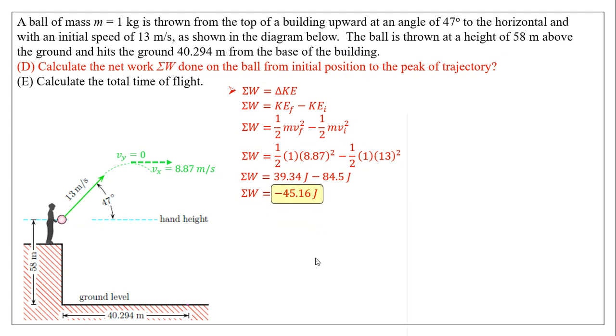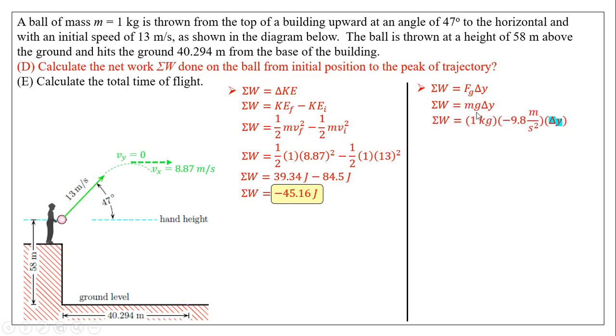All right. If you don't like that, you can also do this. You can say that net work is equal to force times displacement. As I stated, what force acts on the object? Just Fg, because there is no Fx, because ax is 0, because Vx stays constant. Other than that, identify what Fg is. Fg is simply mass times gravity, and then delta y is, again, as the object is moving up and down, so that is the only work done on the ball at this moment.